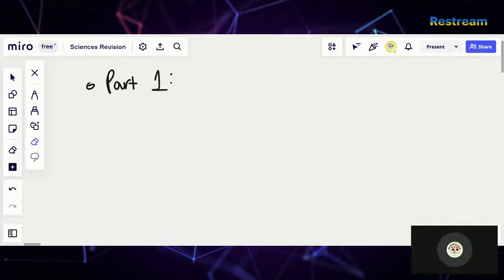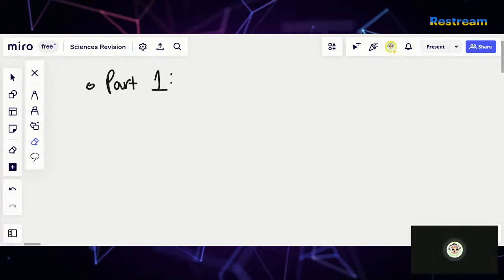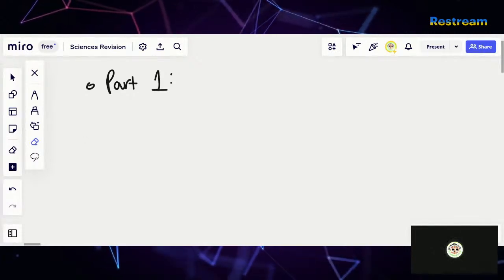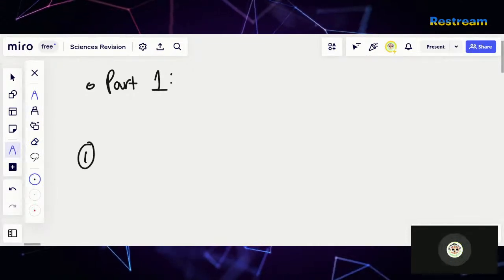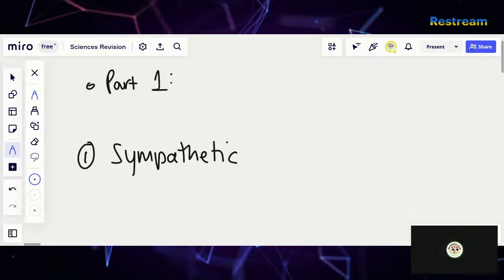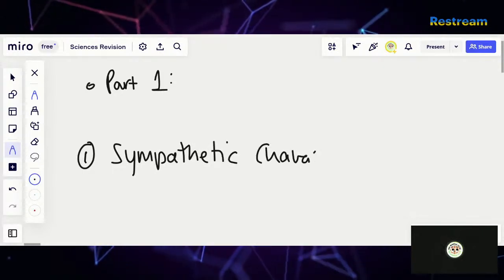So let's try and see what methods did Priestley use to present collective responsibility. I would definitely say one method was through the sympathetic character of Eva.